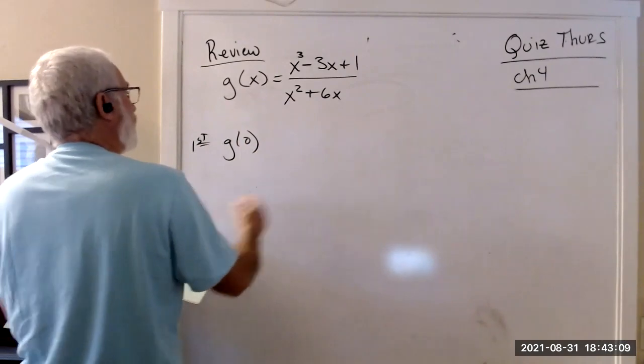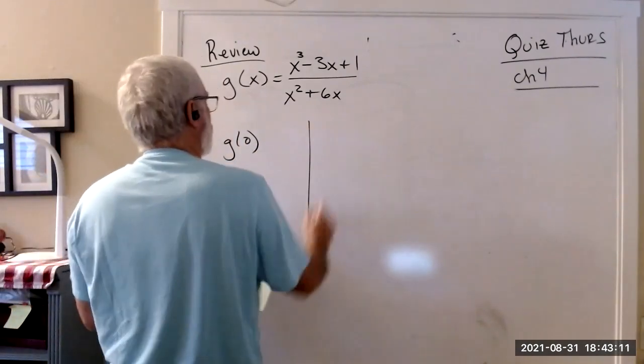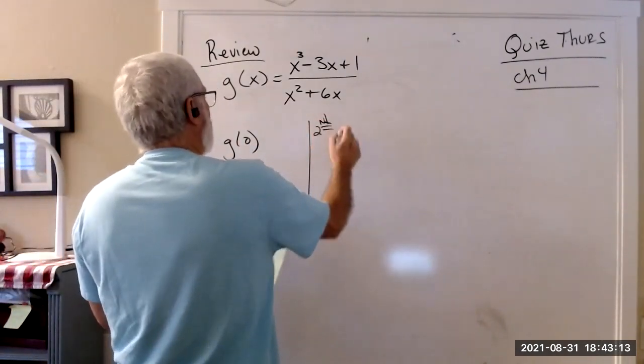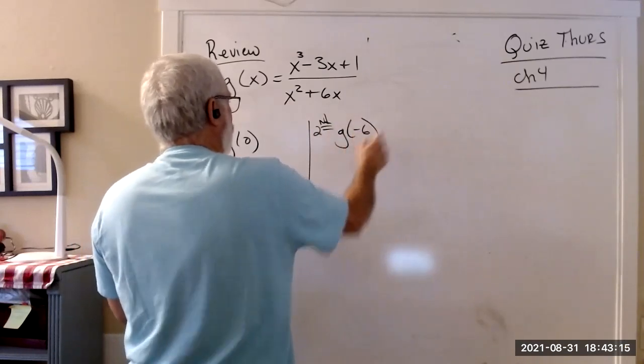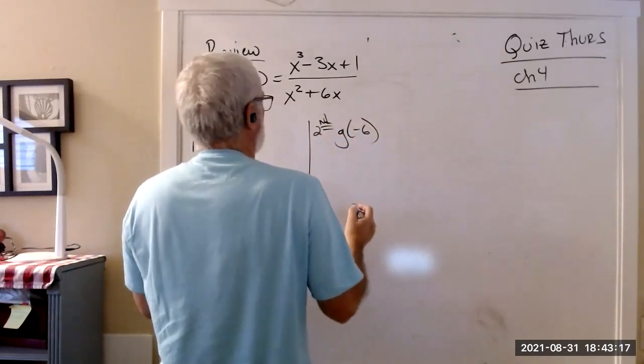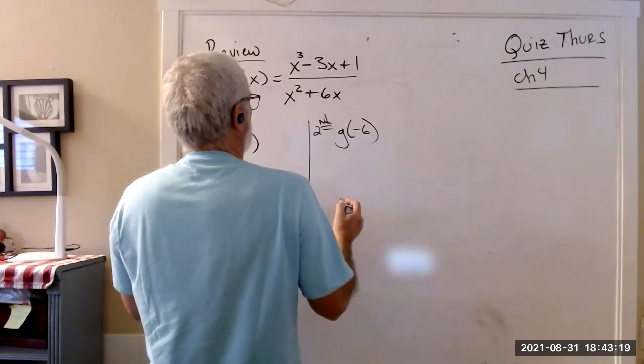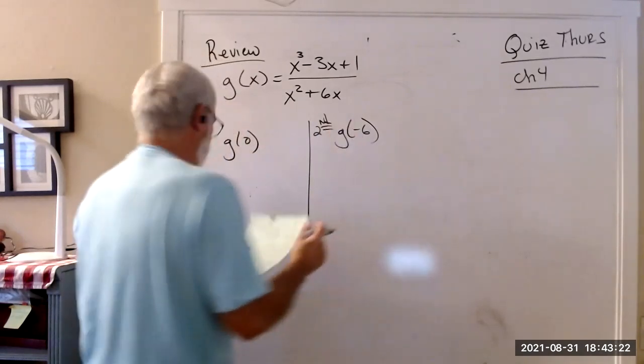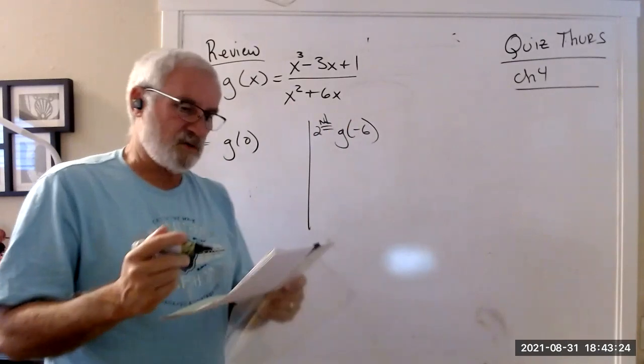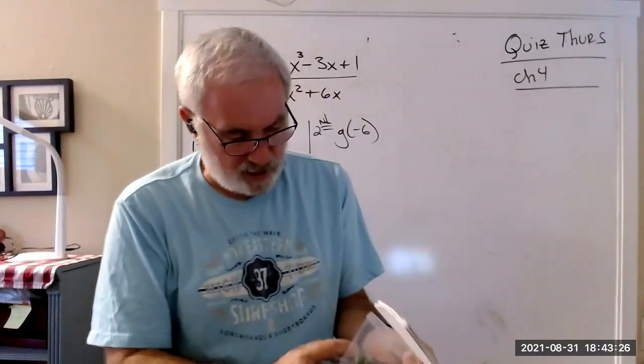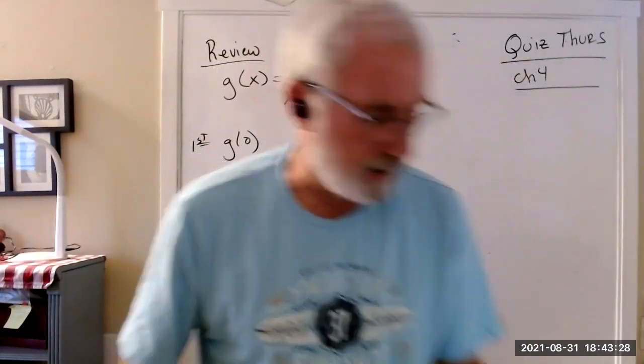And then after you found g of 0, the second thing I want you to do is find g of negative 6. We'll pause the video right now and let you guys go to work and do that.